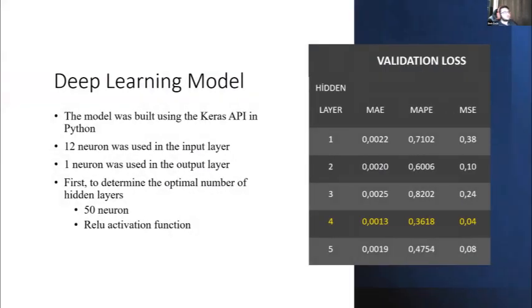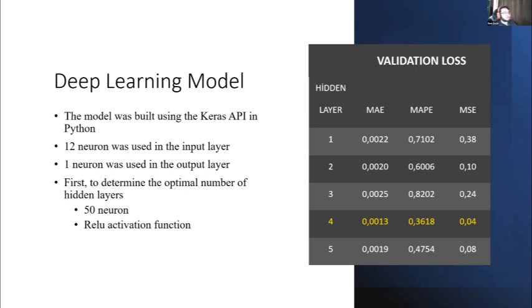In the deep learning model, this is my first model and it was built using the Keras API in Python. 1 neuron for each independent variable should be in the input layer, and 1 neuron for each output you want to forecast in the output layer.